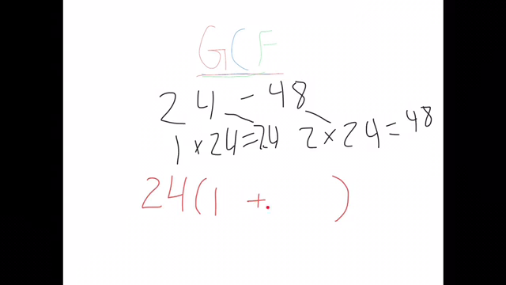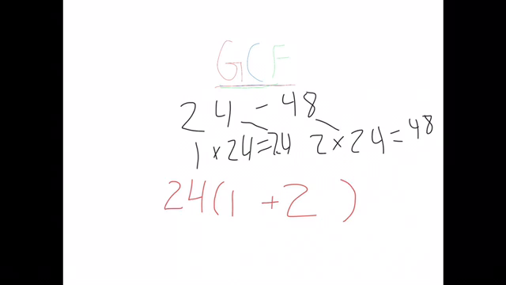Now let's do this equation. Let's take the 2 and put it right here. Here's the 2. This is equal. So that is how you do the greatest common factor.